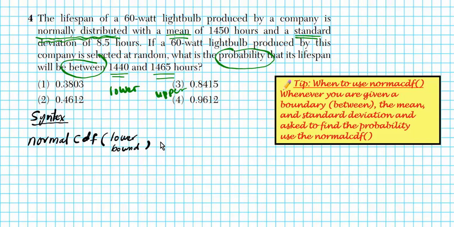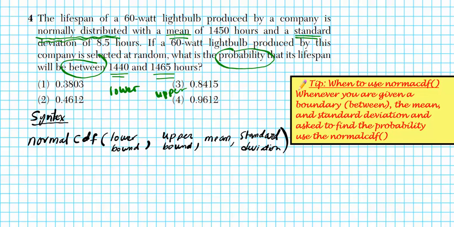All right, you have the lower bound first, and then the upper bound. And then you enter the mean value. And lastly, the standard deviation. That will be your last entry.